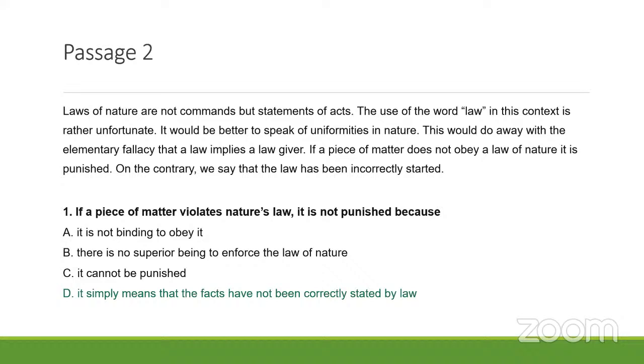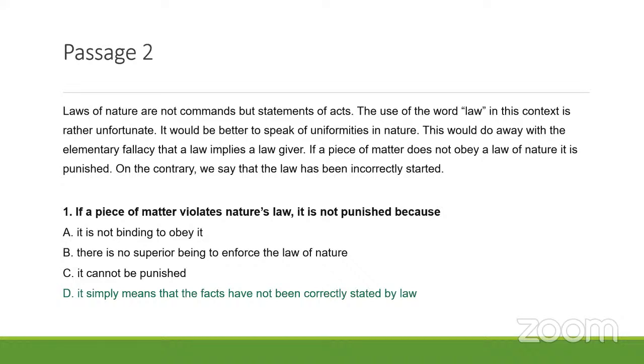The next thing is the second passage, where it's a very small passage. It has very concrete information. So let me read through this. Laws of nature are not commands but statements of facts. The use of the word law in this context is rather unfortunate.